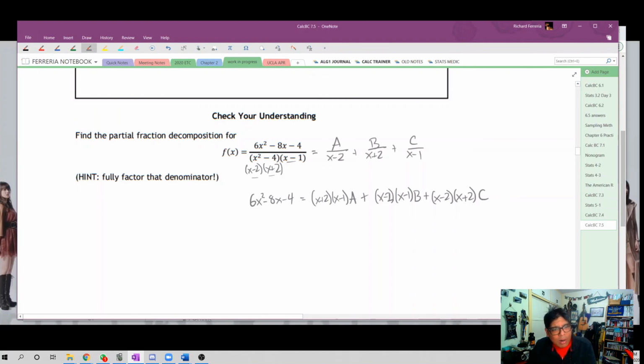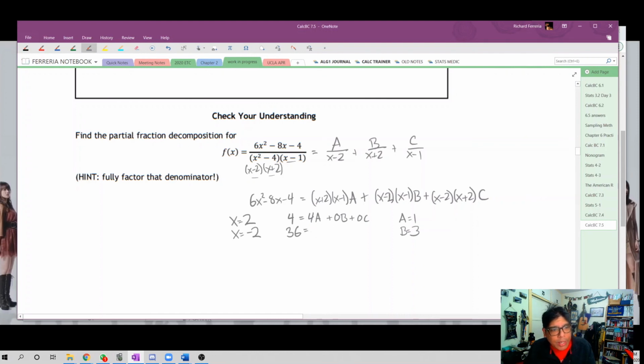Let's figure out our values here. The first one I'm going to pick, let's pick x equals 2 to start off with. When x equals 2, we're going to get 4 equals 4A. And that means that our A is equal to 1. When x equals negative 2, we're going to get 36 is equal to 12B.